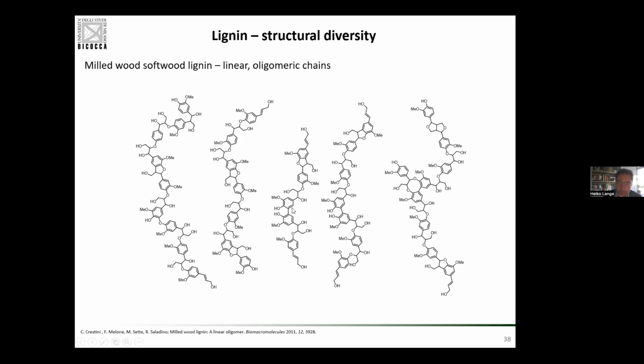Okay, so I get an idea of what the structure looks like, which is the structure that makes most sense on the combination of all the data together with a GPC measurement for the molecular size.